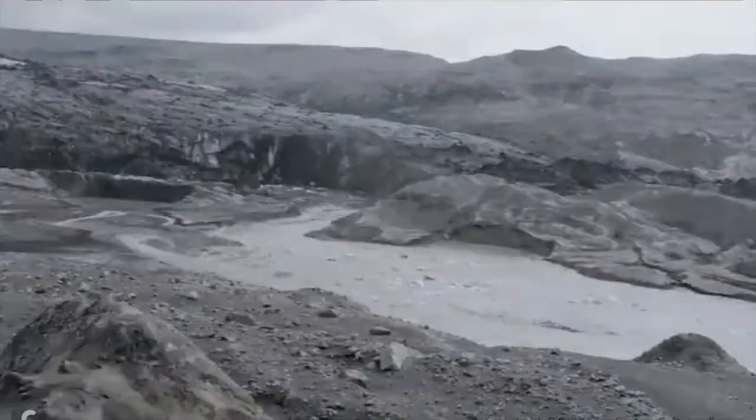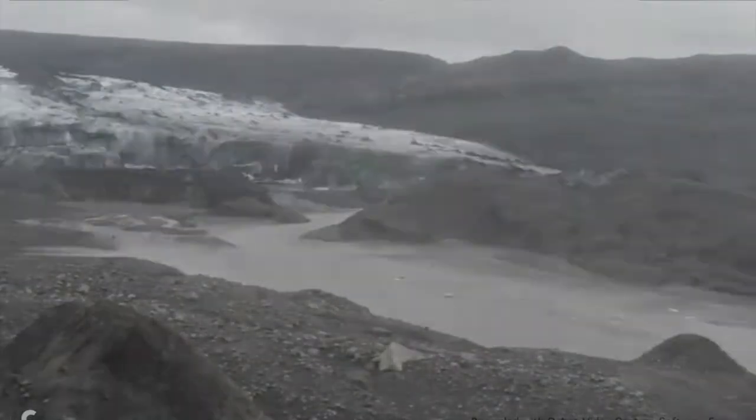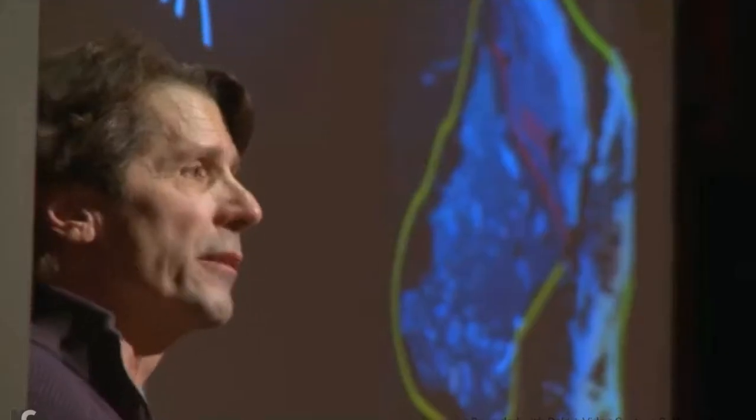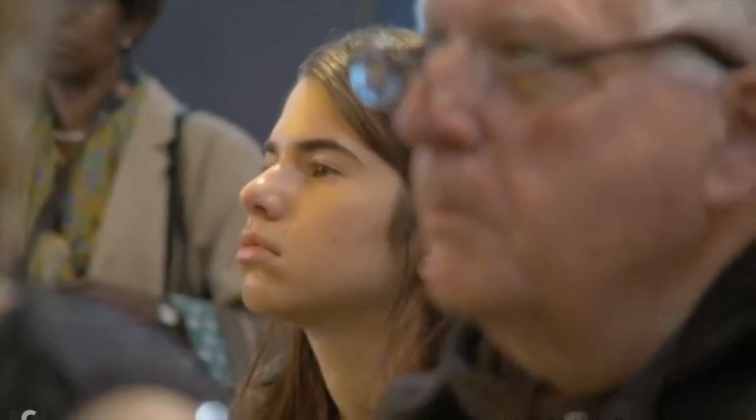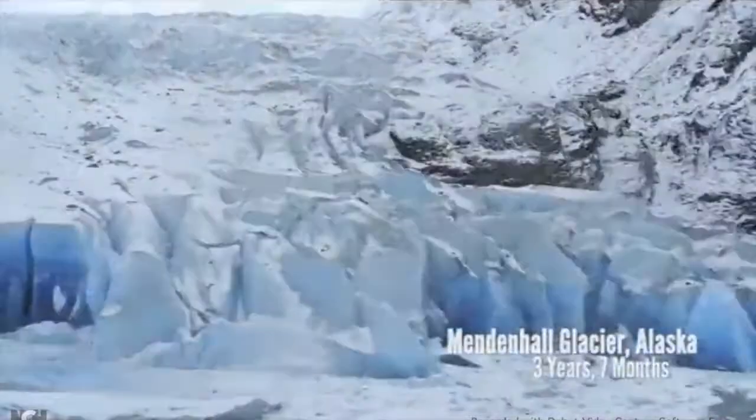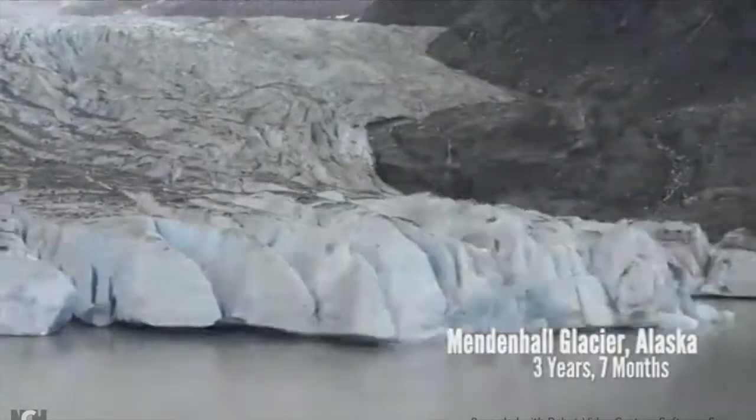The vast majority of glaciers in the world are retreating. Glacier National Park, Montana will need a new name. We'll be calling it Glacier-less National Park by the middle of the century because all the glaciers will be gone. There's such a strange, bizarre fascination in seeing these things you don't normally get to see come alive.